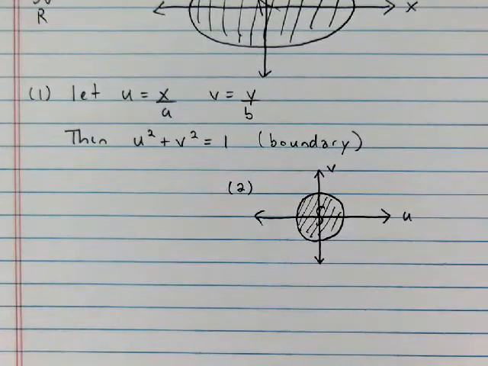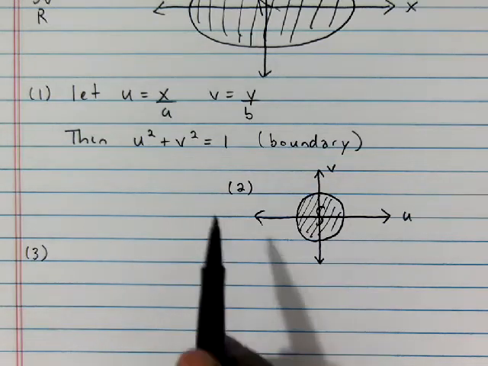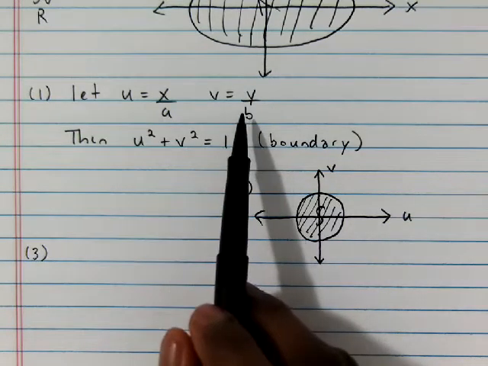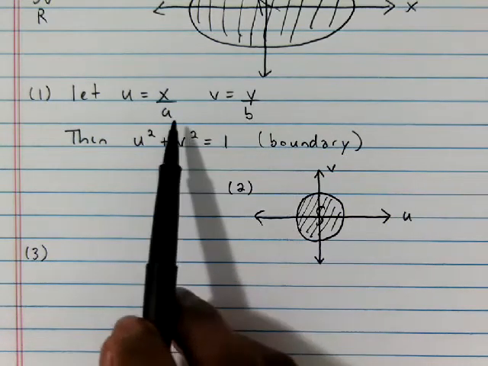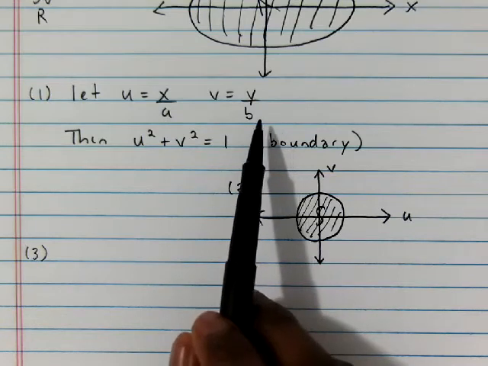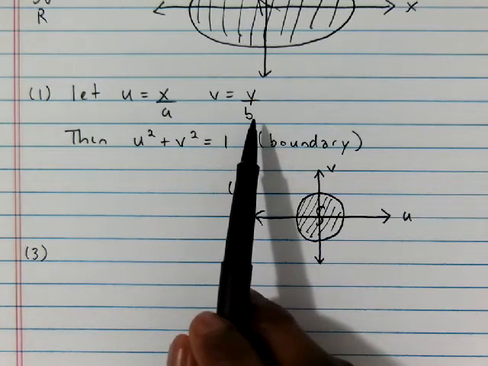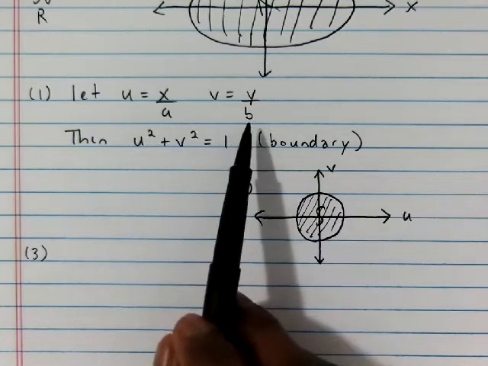All right, step 3. Step 3 is we need to take these equations that we have here and solve for x and y. Now, if you try to avoid that and say, okay, I'm going to use the reciprocal approach for the Jacobian so that I don't have to solve these, of course these are easy to solve for x and y.